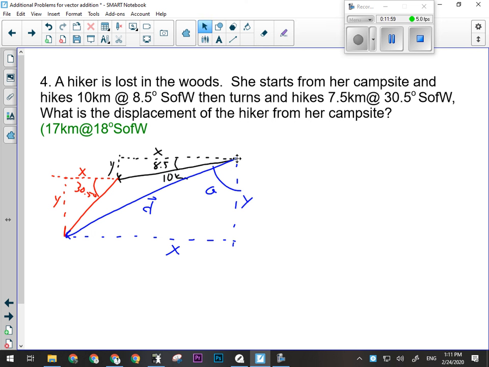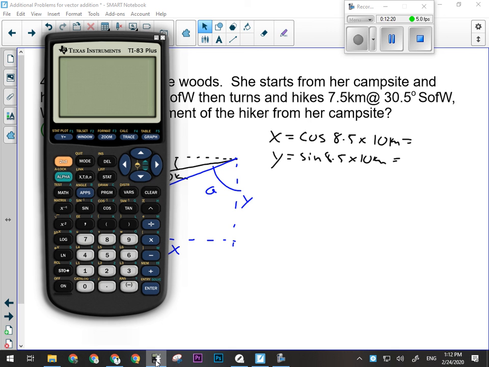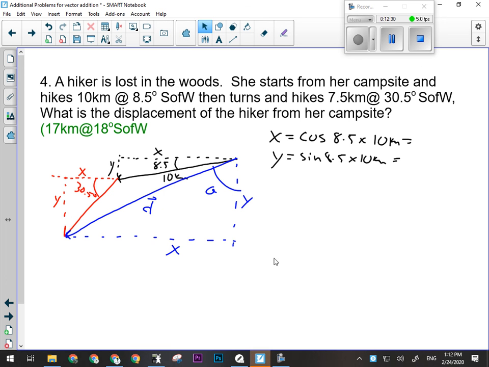Now we need to calculate all of our x's and y's. Black x is adjacent to the angle, so that'll be the cos of 8.5 degrees times 10 kilometers. And black y will be the sine of 8.5 degrees times 10 kilometers. So cos of 8.5 times 10, we're looking at 9.89 kilometers west.